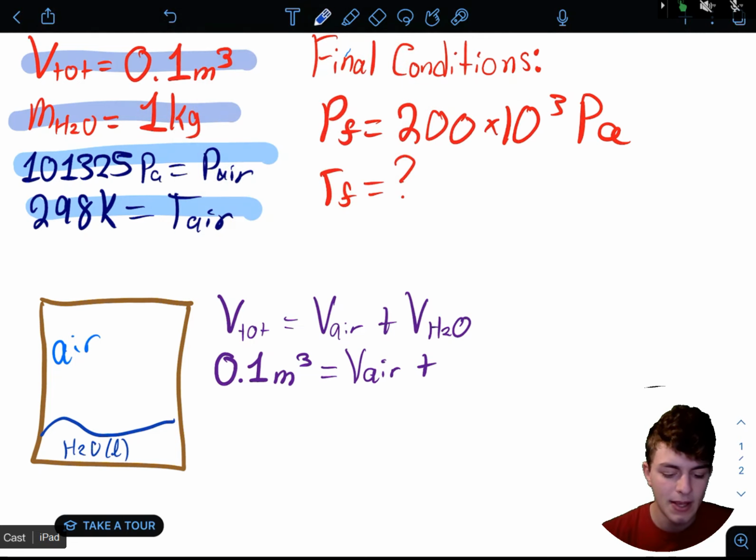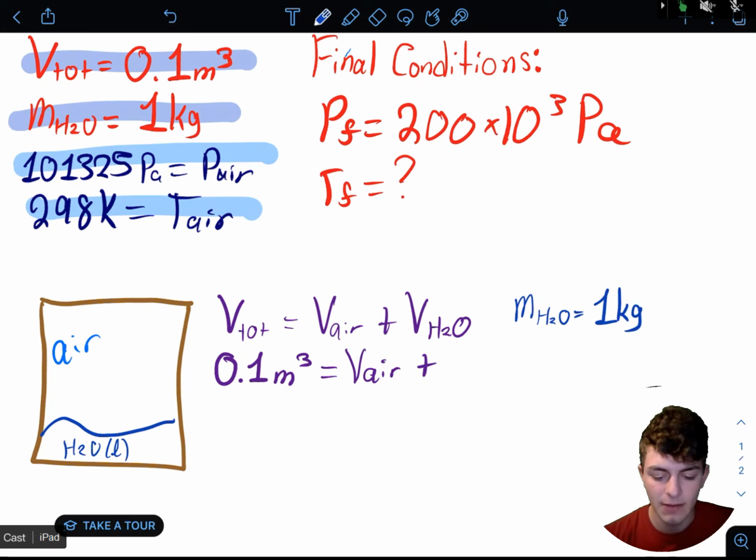Now, we can figure out the volume of the water, and I'll do water equations in this color, based on the mass of the water, which we are given. So the mass of the water is equal to 1 kilogram. If I multiply the mass of the water by the density of the water, I will be given the volume of the water.